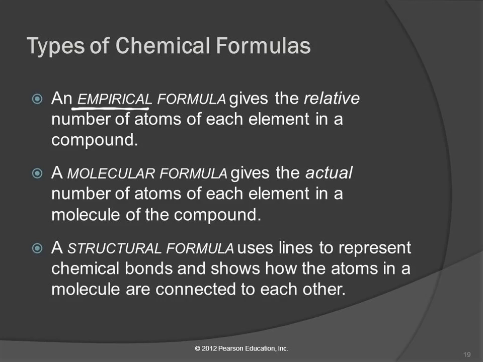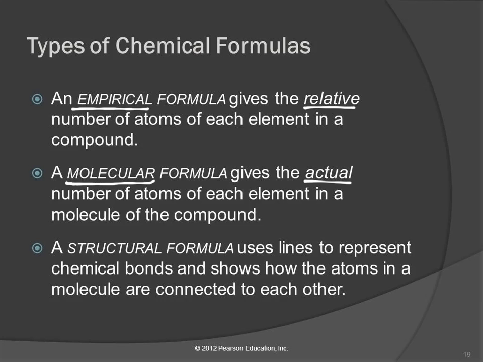The molecular formula tells us how many atoms of each element are in a molecule. The empirical formula is sometimes the same as the molecular formula, but sometimes the molecular formula is a multiple of the empirical formula. So this gives the actual numbers, and the empirical formula gives the relative numbers.